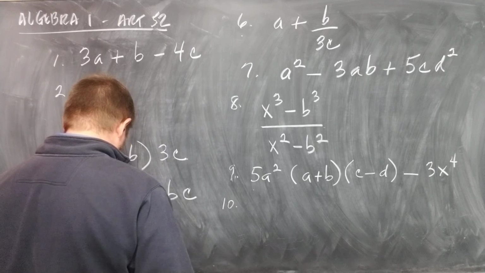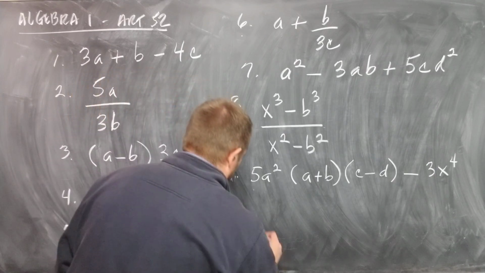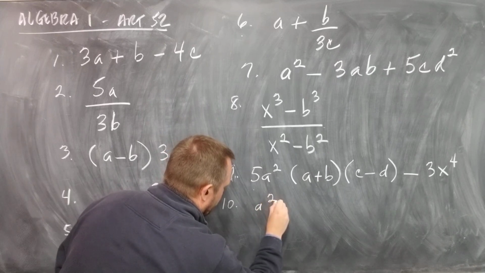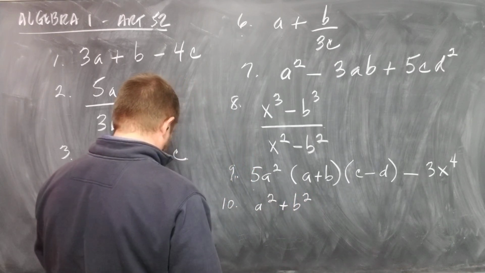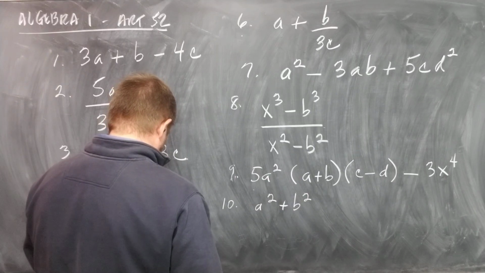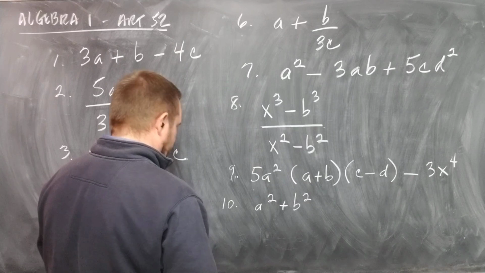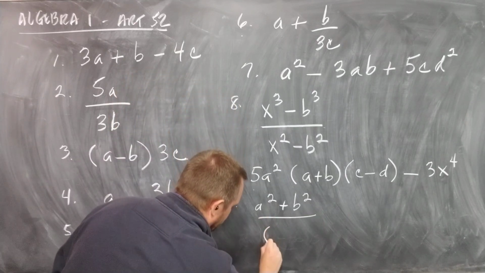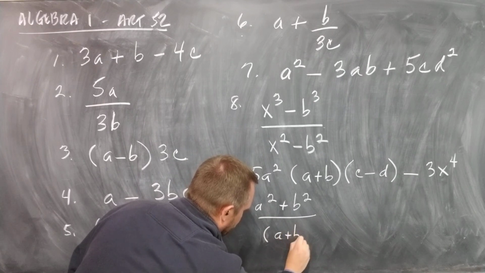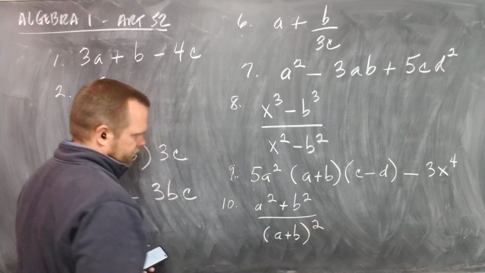Number 10. A squared plus b squared, comma, divided by a plus b, then the comma, squared.